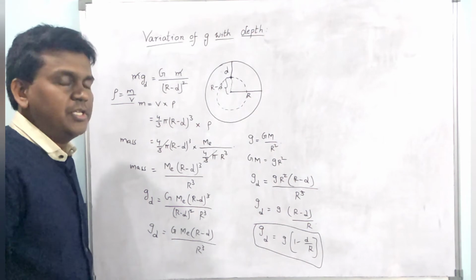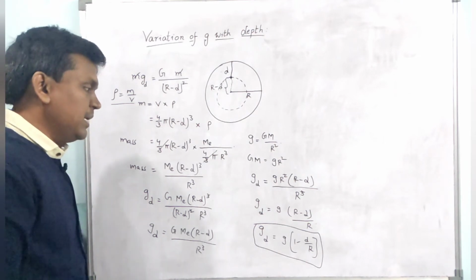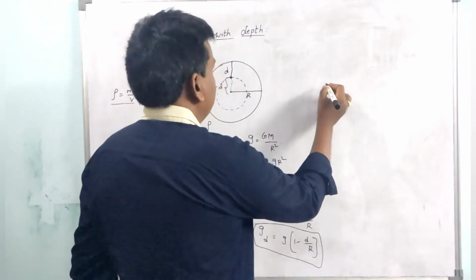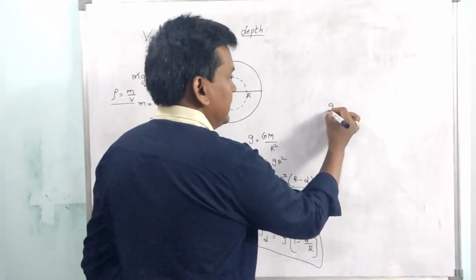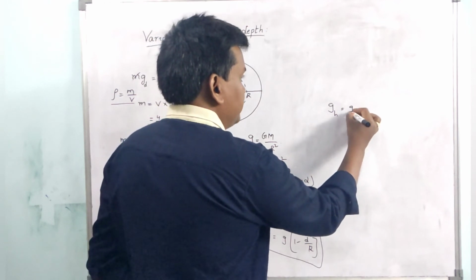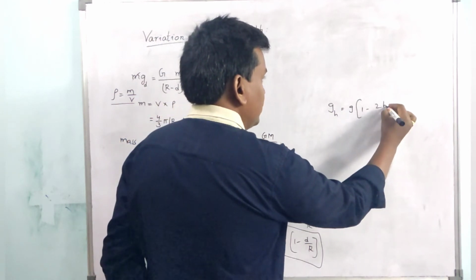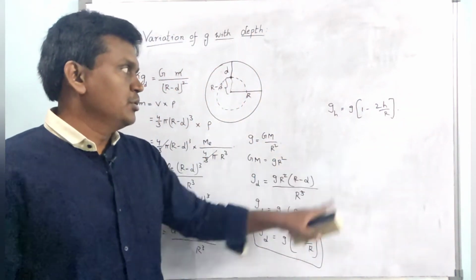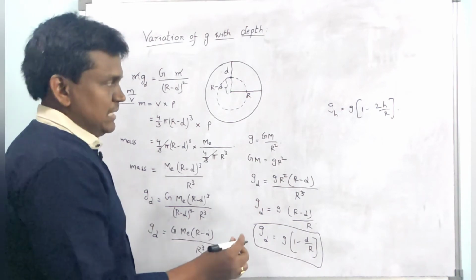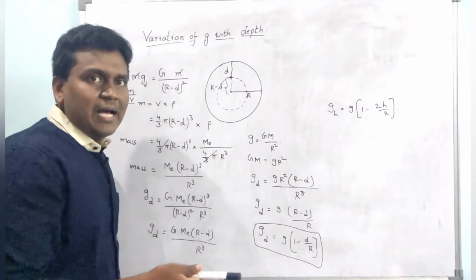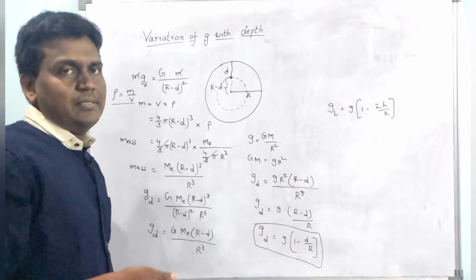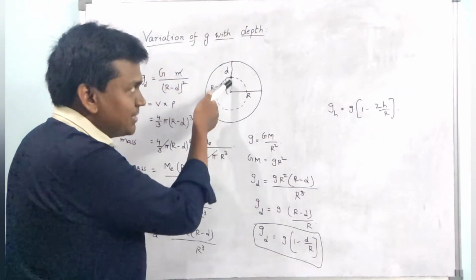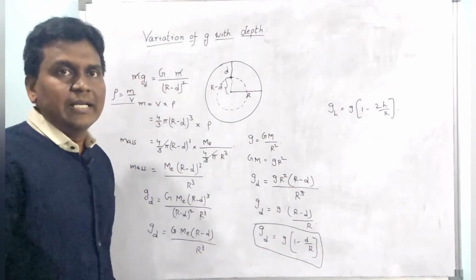So g_d equals g of (1 minus d by R), and we know the variation of g with altitude, that is g_h equals g of (1 minus 2h by R). By comparing these two, we know already that if the height or altitude increases, the gravity will decrease. In the meanwhile, if the depth increases also, the gravity will decrease.